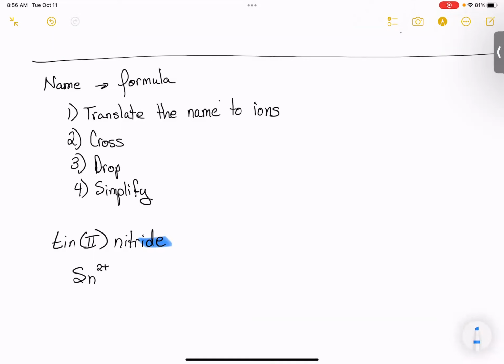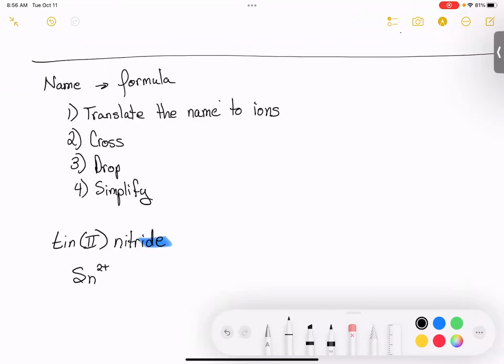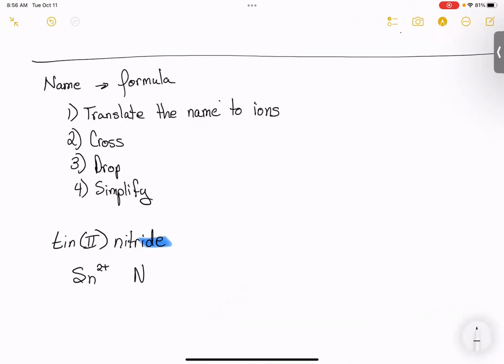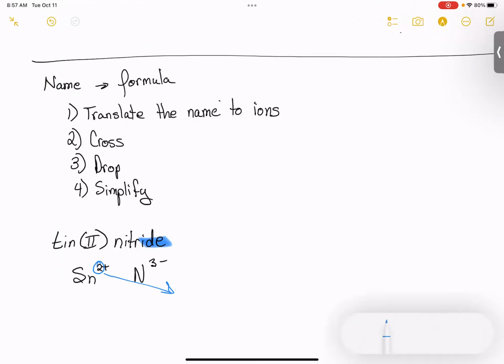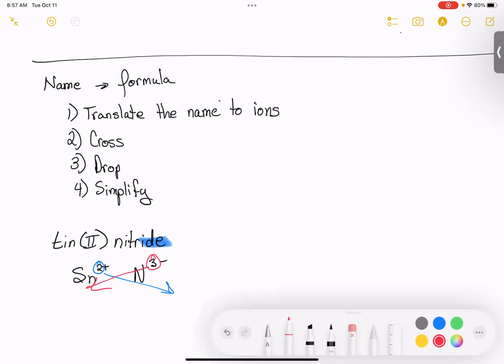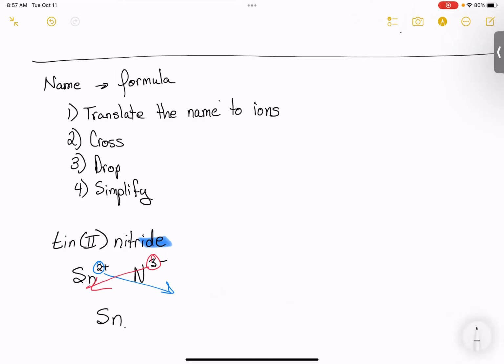When the ending is -ide, what type of anion am I talking about? Element. So what is the charge of a nitrogen anion? 3-, because it's in group 15. So we've translated. Now we're going to cross, drop, and simplify if needed. So this is Sn3N2.